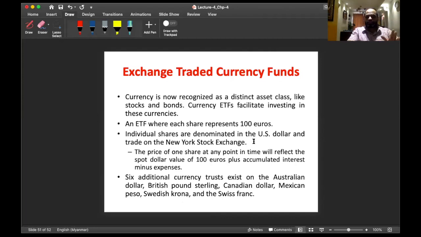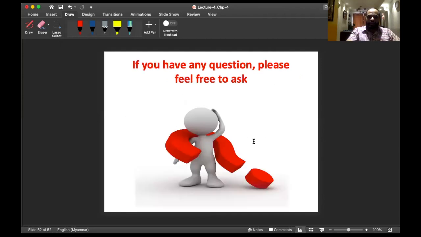So if somebody is a portfolio investor in foreign exchange, then ETCF is the best way. Otherwise, if you just want to buy and sell for traveling or spending purposes, it may not be suitable for you. So I think that's all for this topic.